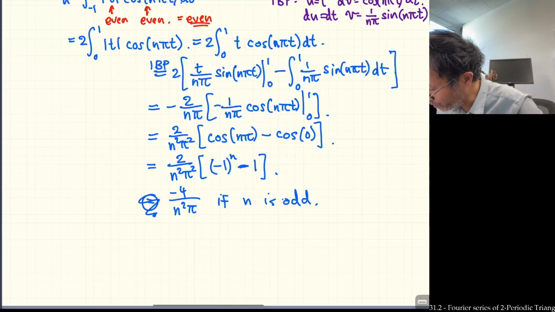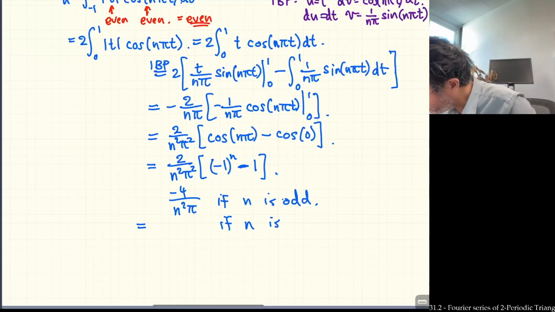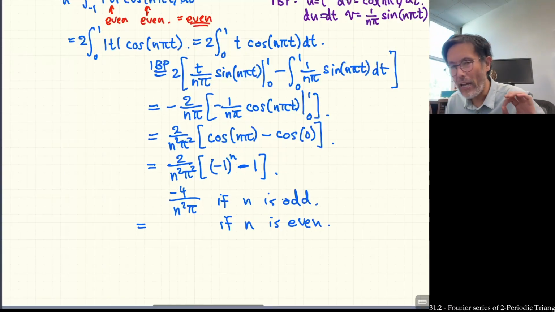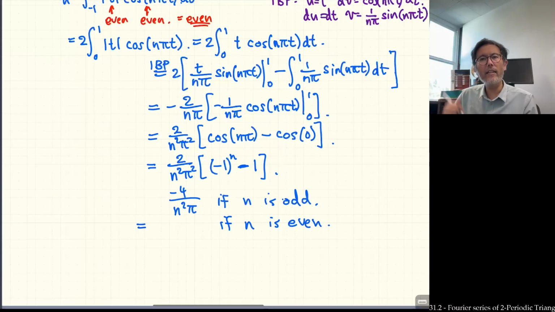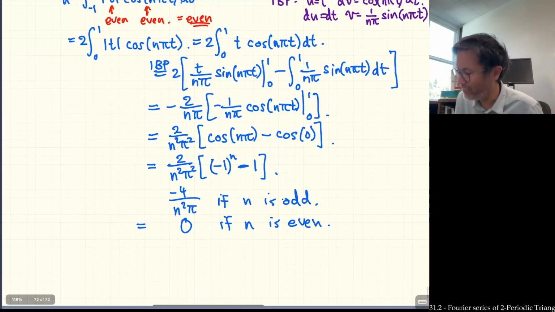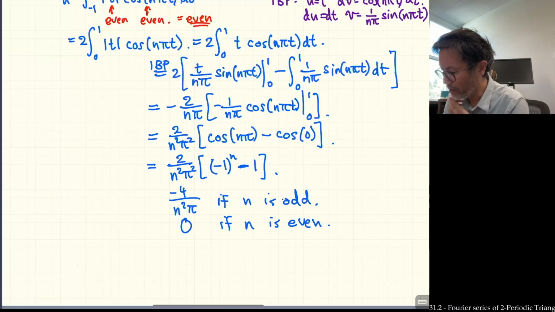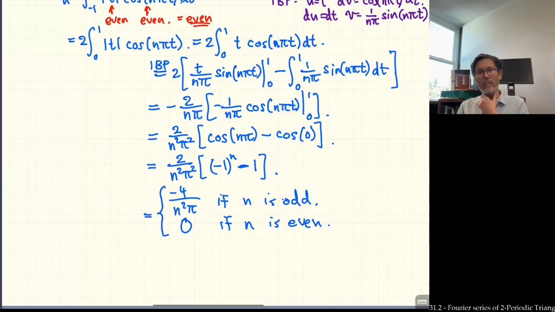But what happens if n is even? If n is even, (-1)^n is 1, and 1 minus 1 is 0. So this is equal to 0 if n is even. So we get this sort of result, where we get different formulas for the Fourier coefficient depending on whether n is odd or even.